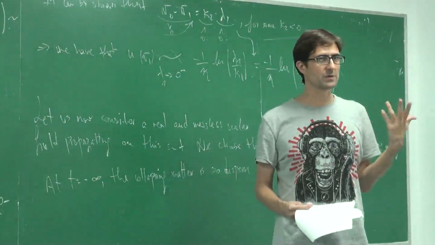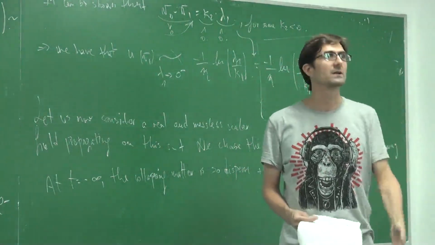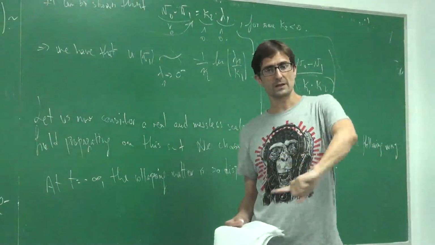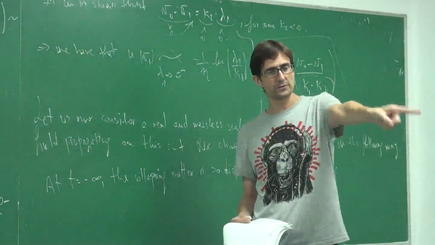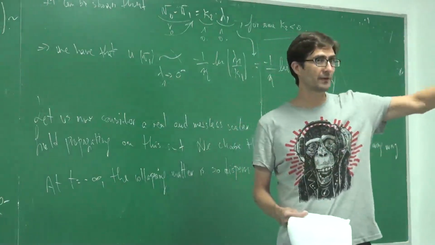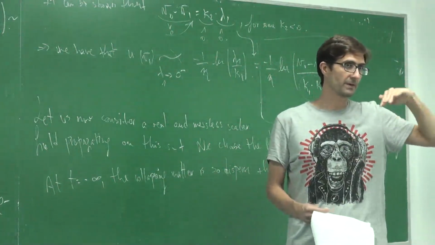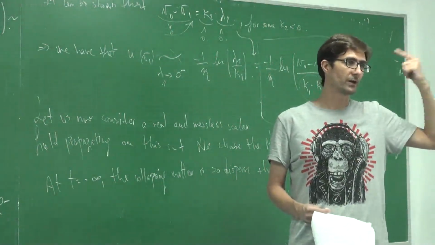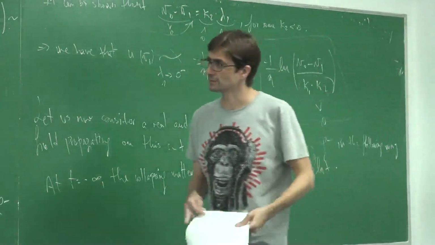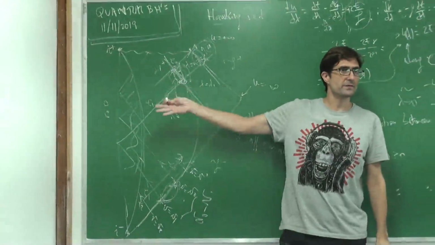I'm using loose terminology, meaning that you give initial data for the field, the value of the field at that surface and the value of the normal derivative of the field normal to that surface, and then you can evolve that data and get the value of the field anywhere else to the future, by a Kirchhoff integral that I gave at some stage. You use the retarded Green's function to evolve that initial data.